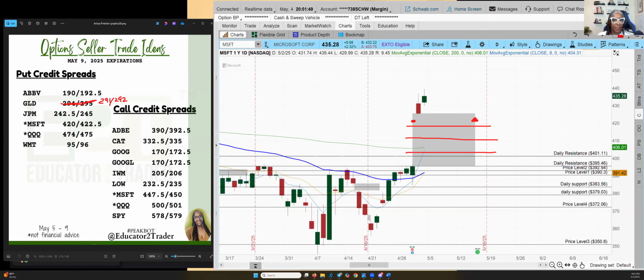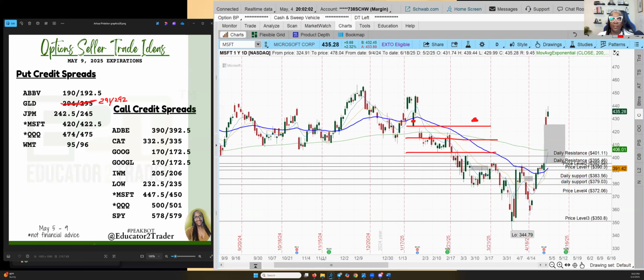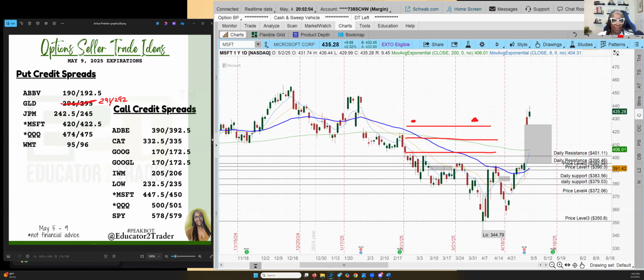Let's go look though and see where there would be some resistance, because I also have it as 447. I don't know when the last time Microsoft was up here. It's been a minute since it's been up here, but it does have some resistance zones to work with.